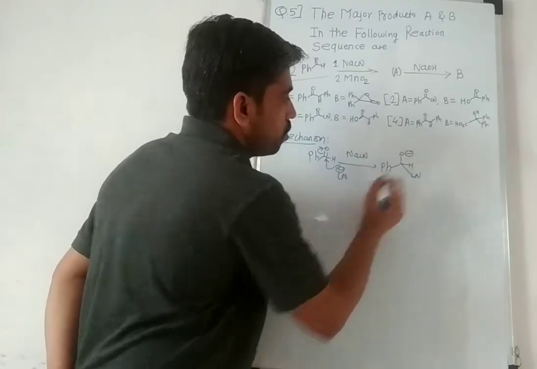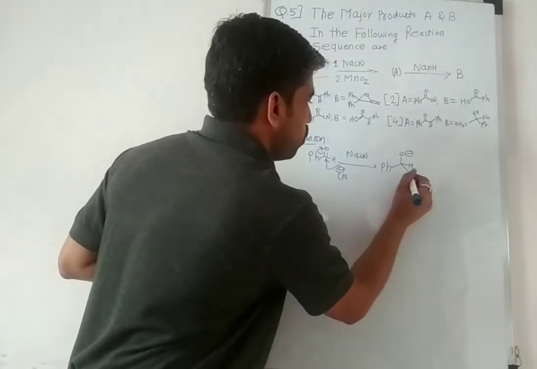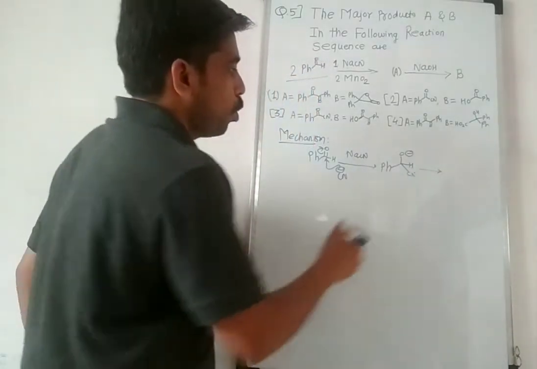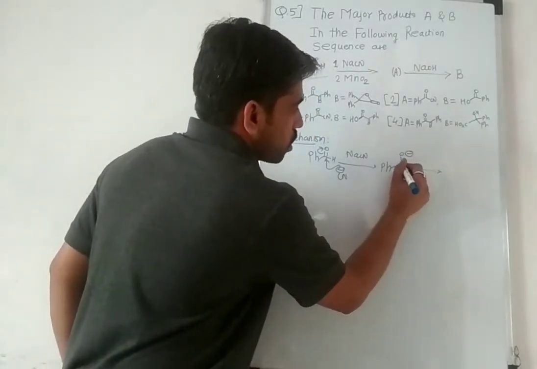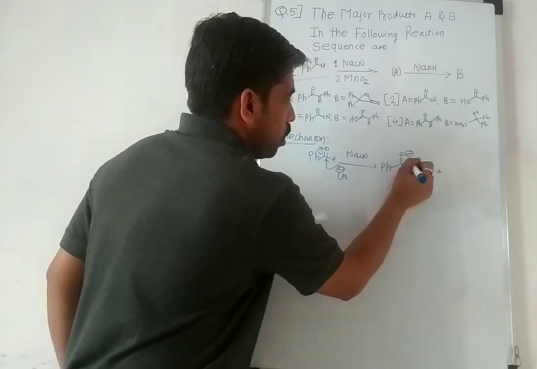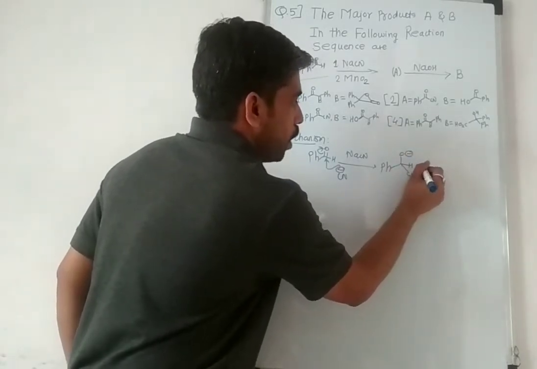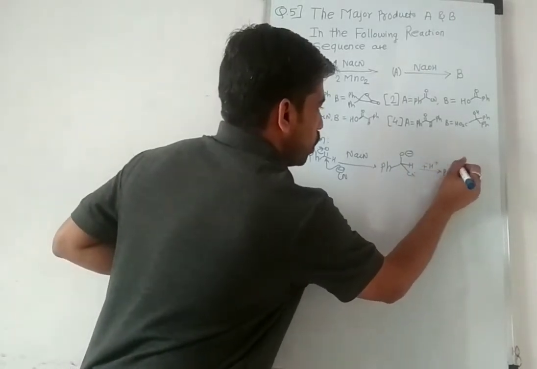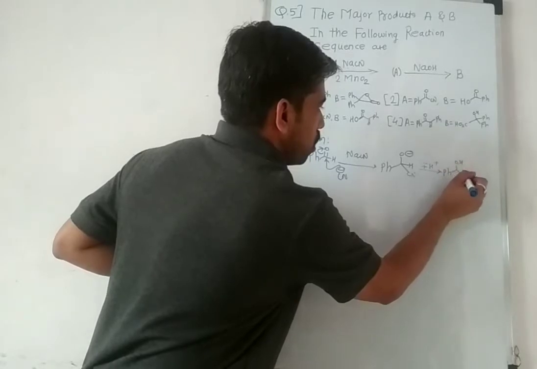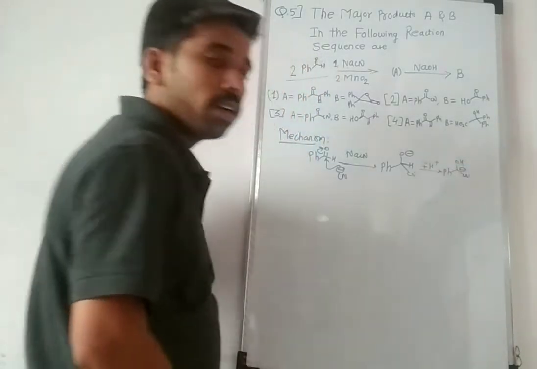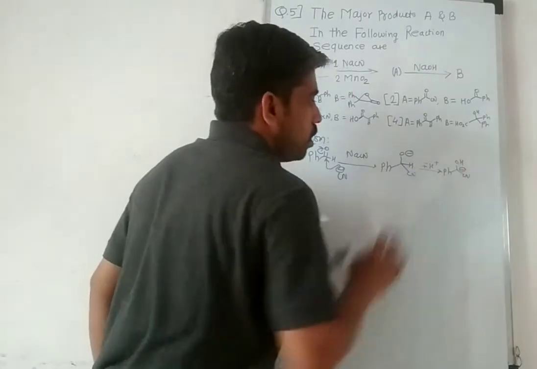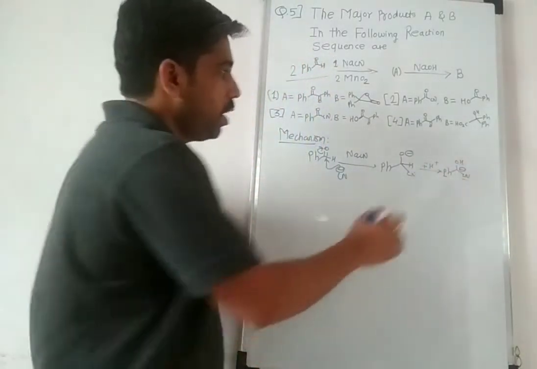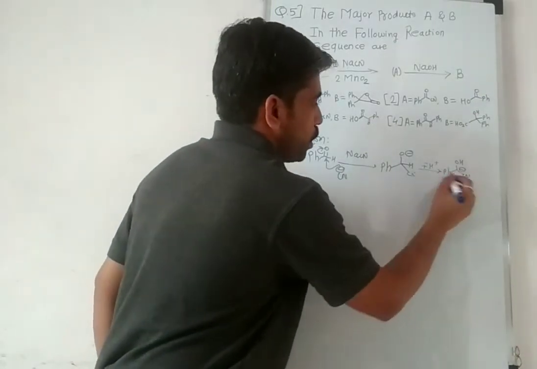Then there is a loss of proton from this carbon, and this proton is abstracted by the oxyanion, giving the carbanion. This carbanion is stabilized by the cyanide as well as the phenyl ring through conjugation.